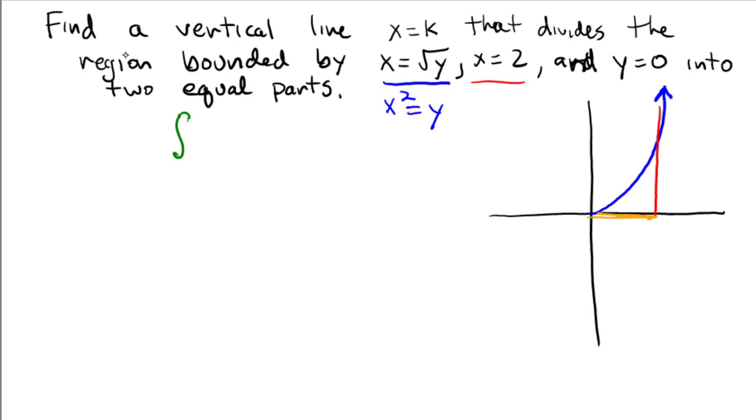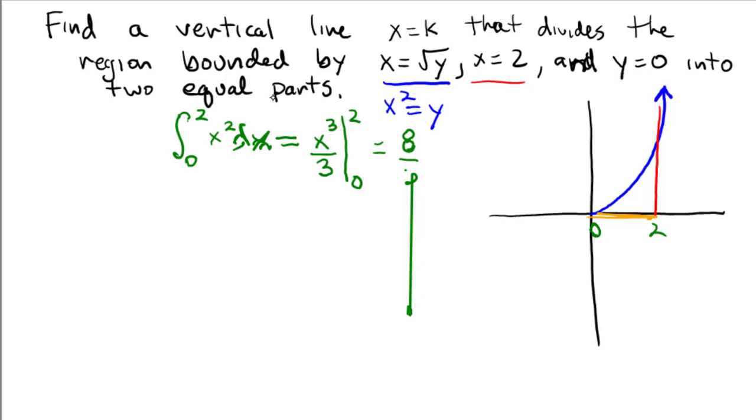Integral from 0 to 2 of x squared dx, which would be equal to the antiderivative of x squared, which is x cubed over 3, bounded between 2 and 0. Of course, we evaluate at 2. 2 cubed is 8, so this would be 8/3. And when we evaluate it at 0, we end up getting 0.